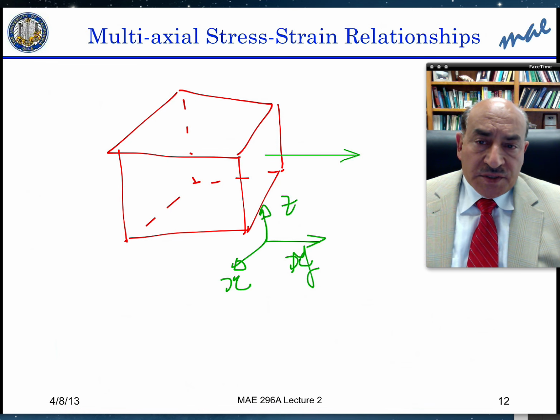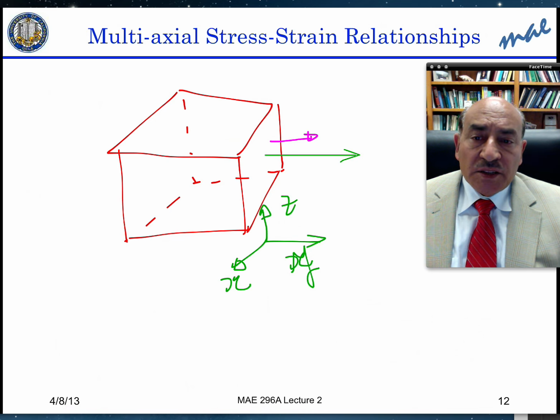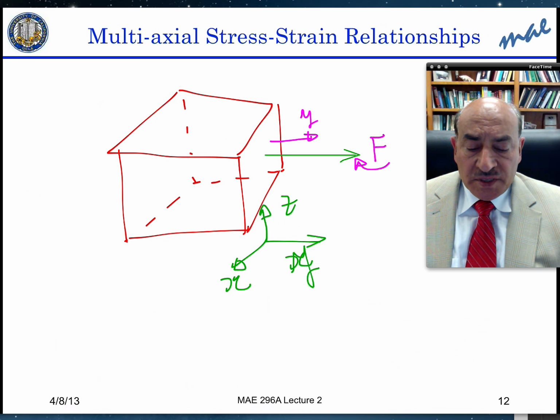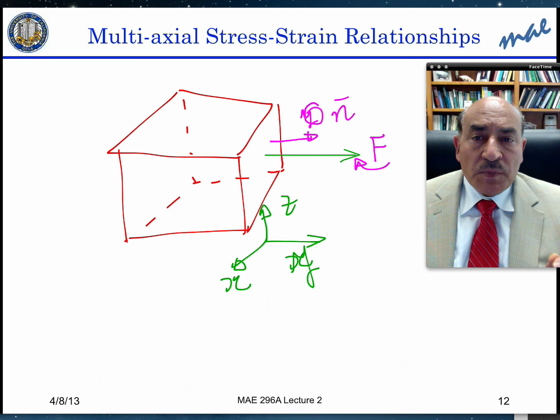Then if I have a force going in the y direction, the direction of the force is y, but there is also a normal component to this plane, and the normal component is also in the y direction. So both vectors n and f are going in the same direction, the y direction.